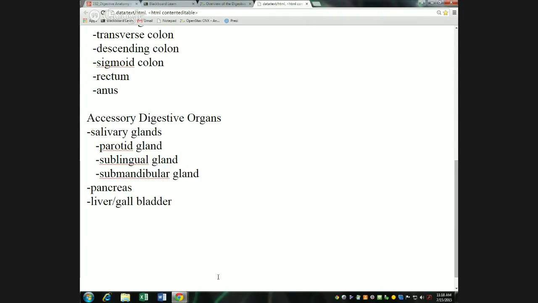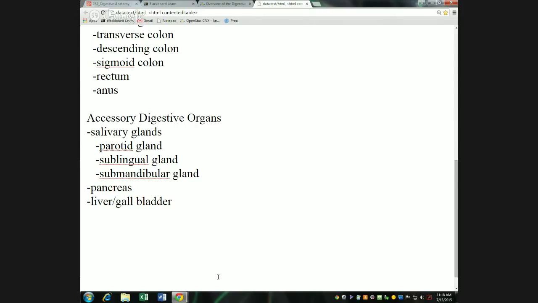And in fact, if you look at one of these models here, there's this little green thing poking out. This is the gallbladder here. And all it does is it stores bile between meals as the liver is constantly making it.